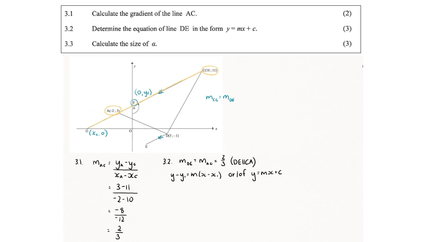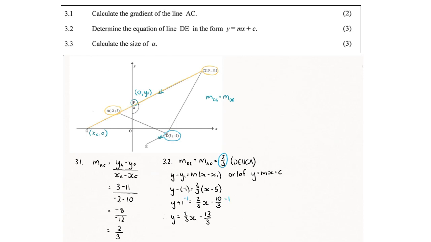So if we use the equation y minus y1 equals m times (x minus x1), we put the coordinates of D into the equation together with the gradient m, and that gives us that y minus -1 is equal to 2/3 times (x minus 5) in brackets. And if we simplify this, it becomes y plus 1 on the left-hand side equals 2/3 times x minus 10 over 3. And this simplifies to y equals 2 over 3 x minus 13 over 3.